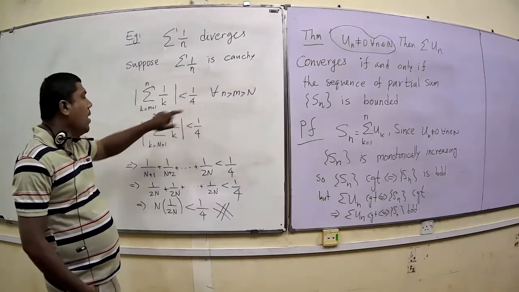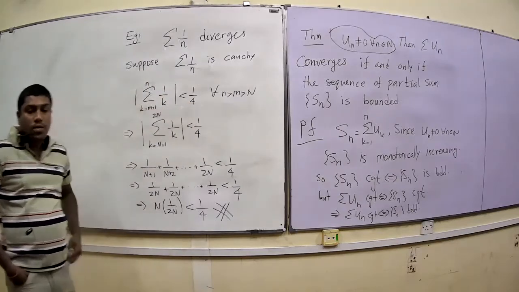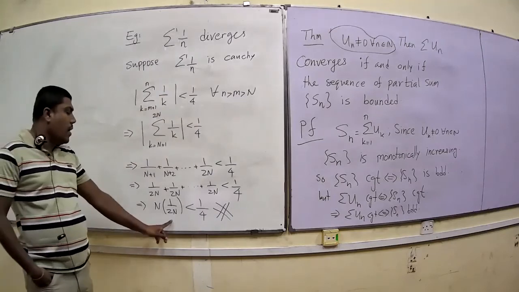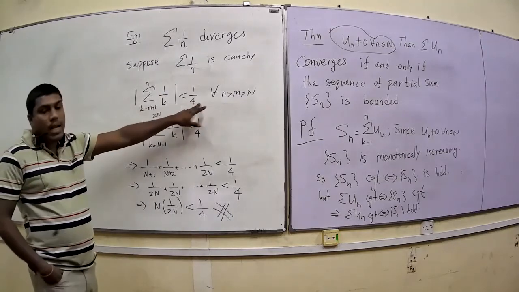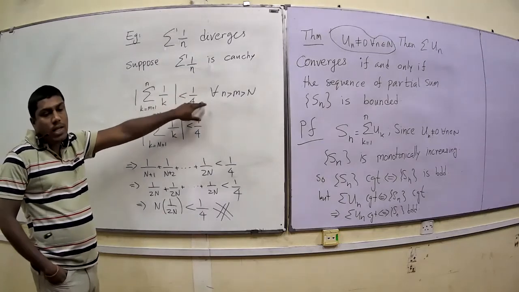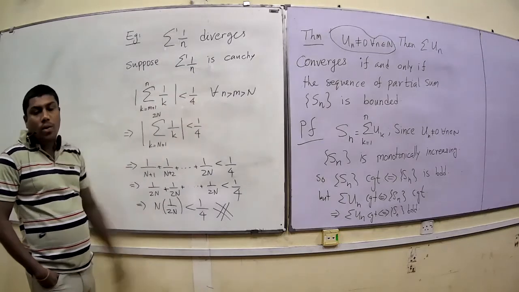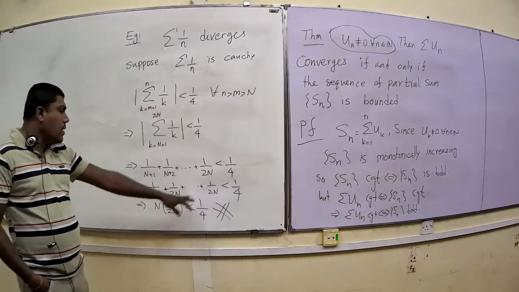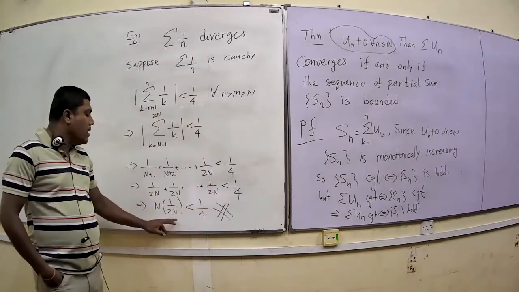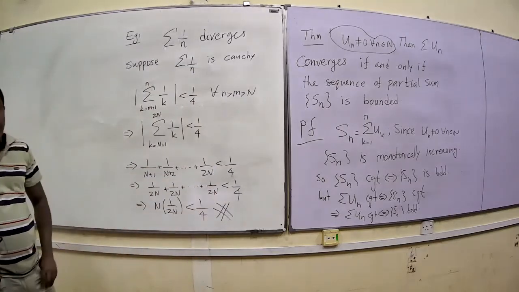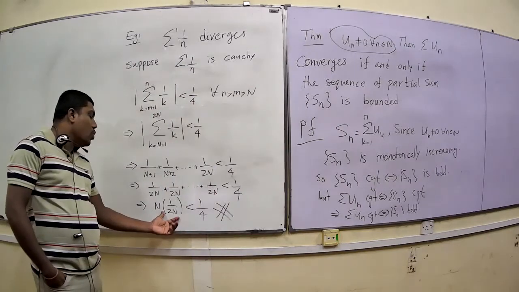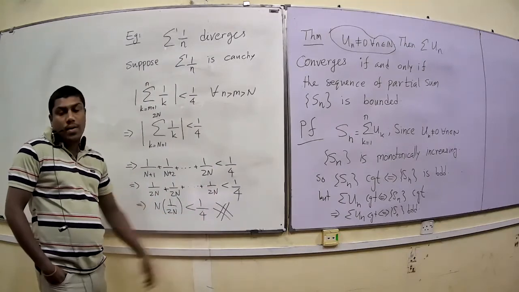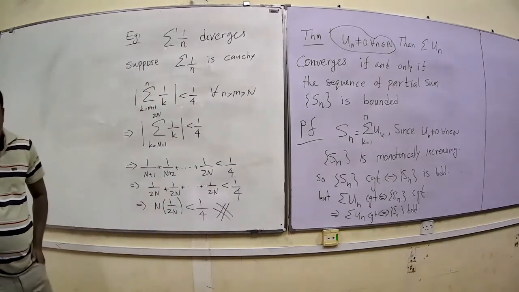I choose 1/4 so that I get 1/2 less than 1/4 at the end. You could have chosen 1/8 or 1/5, anything, as long as it is not greater than 1/2. Whatever you get here should be bigger than what you put here. That is the idea.